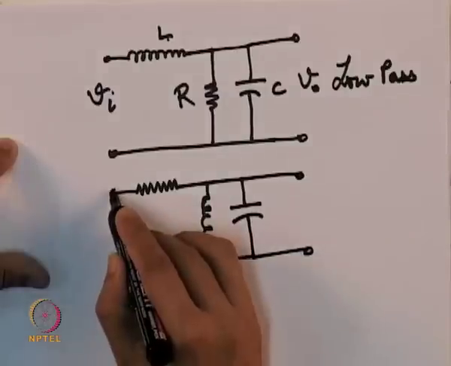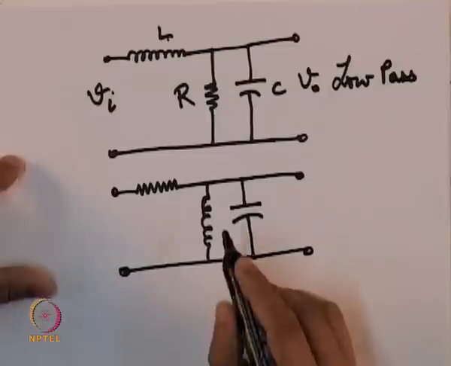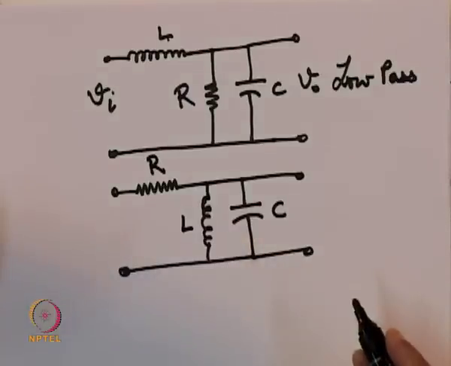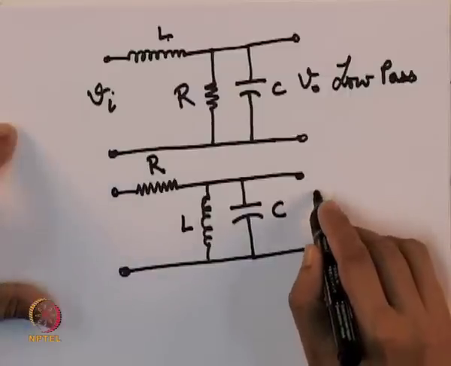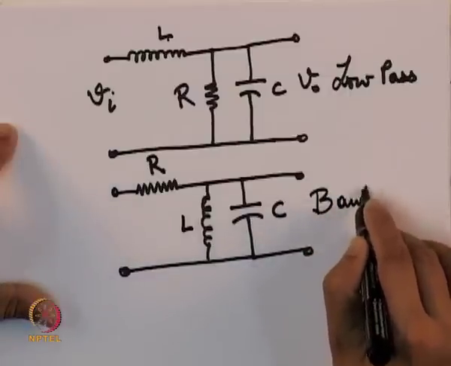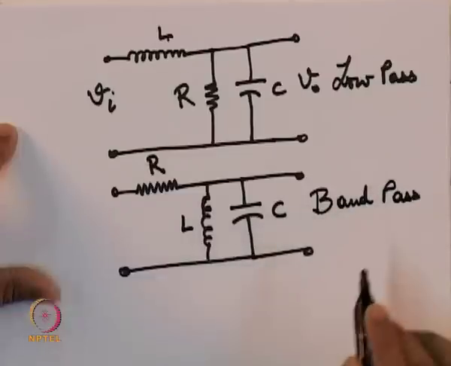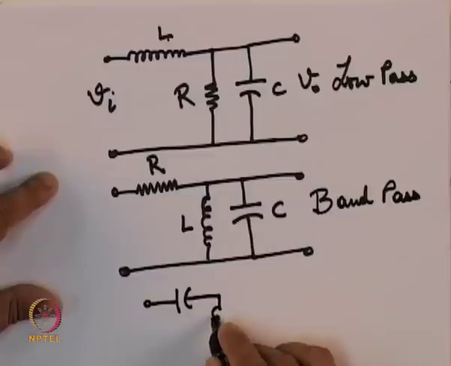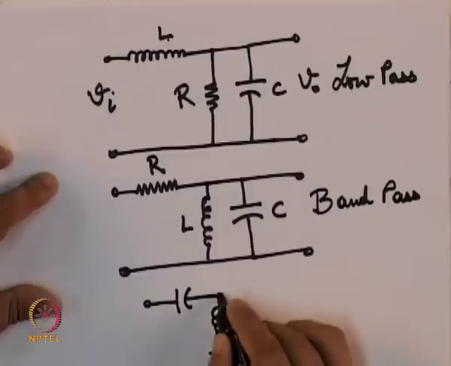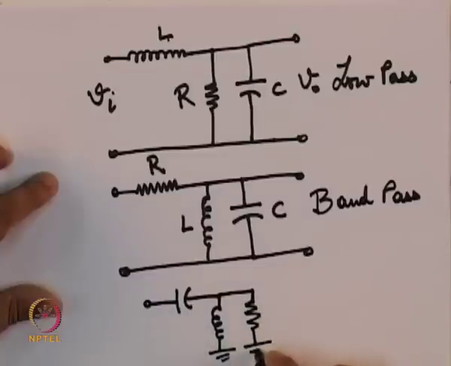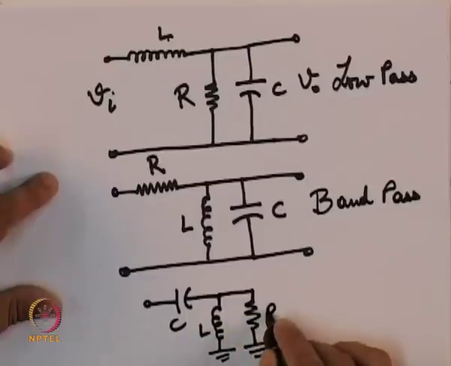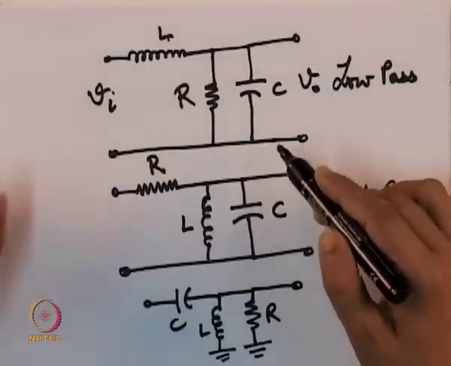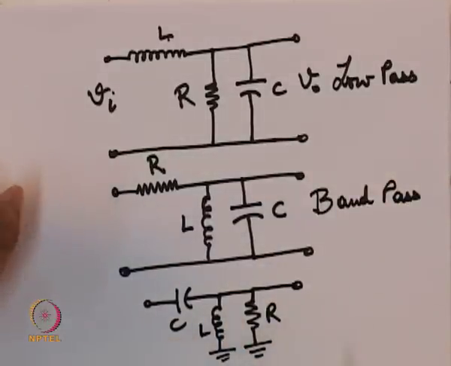So what you see is that just by replacing or interchanging the positions of the L, C and R, we can get various topologies. So, this is a band pass, and then this one is a high pass. So, you see the elements are the same, just how we place them.